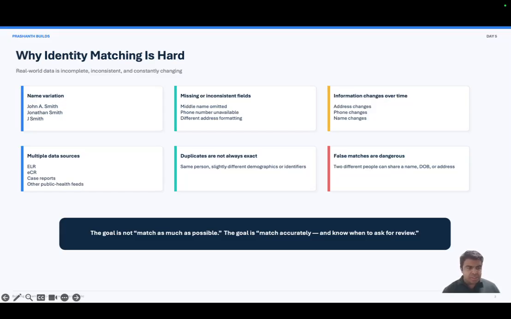For example, accidentally merging two different people because they happen to share the same name or date of birth. So this is why a good identity or deduplication solution is not about matching everything aggressively, but about making high confidence matches automatically, recognizing uncertainty, and routing ambiguous cases for review.